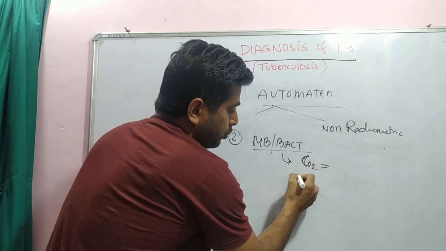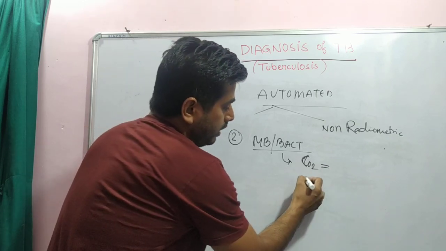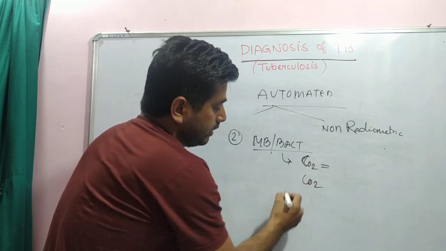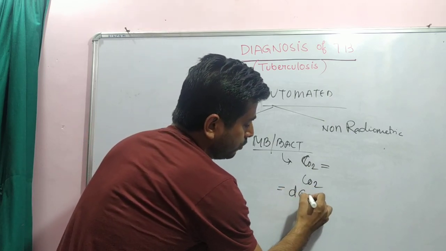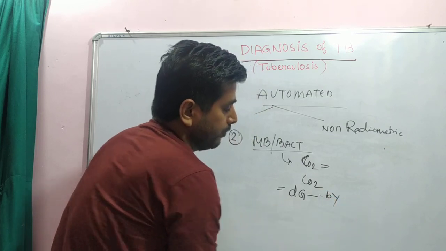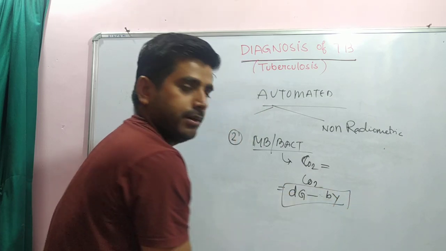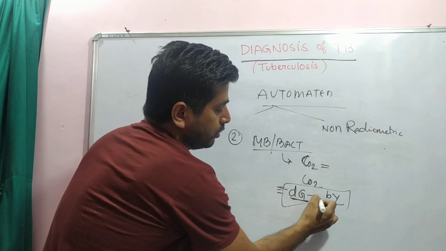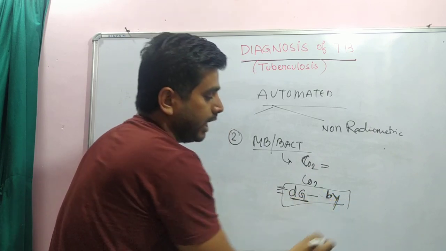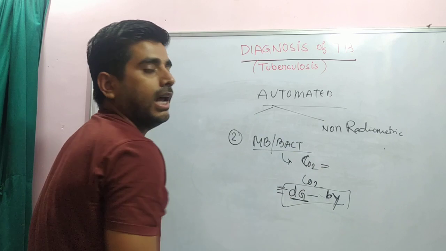If there is any growth of mycobacteria, there will be release of carbon dioxide, and that will change the color from dark green to bright yellow, and we can identify it.